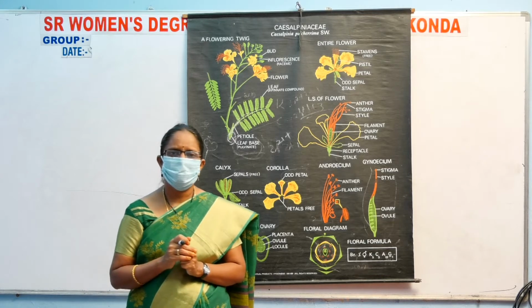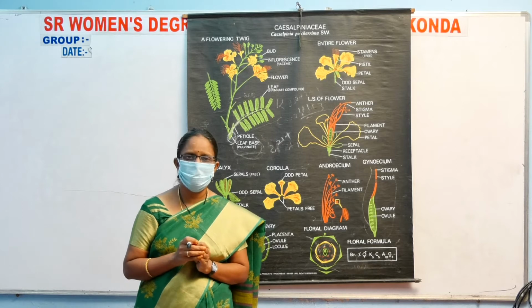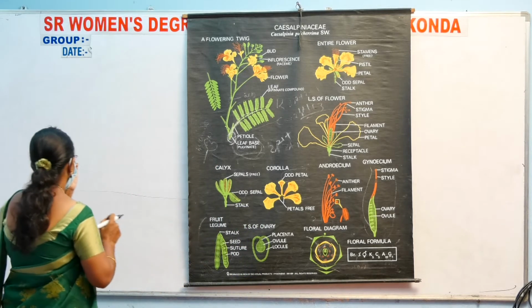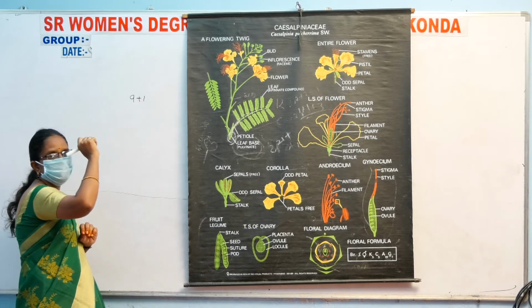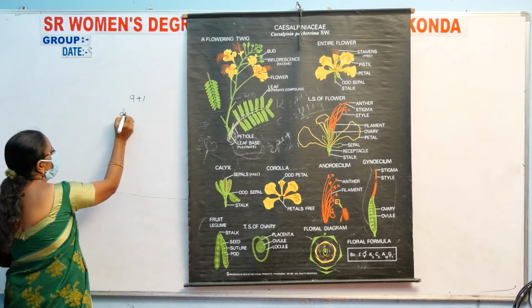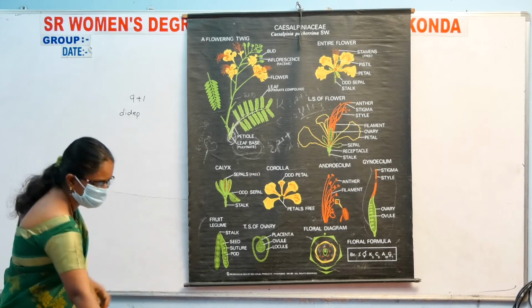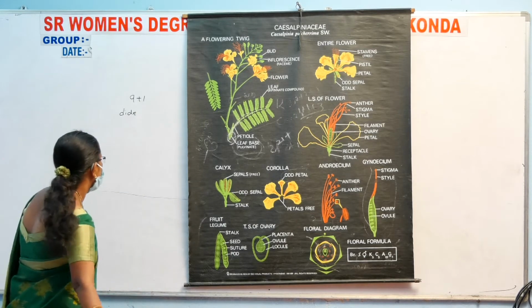The androecium consists of 10 stamens. In Tephrosia purpurea, the 10 stamens are arranged in a 9+1 arrangement. This is called didelphous arrangement. Stamens may be monodelphous or didelphous.